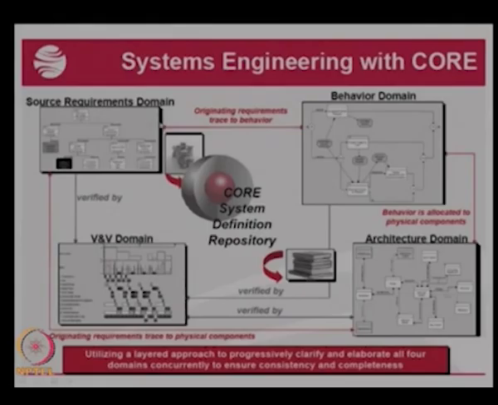Similarly you can have this traceability between the requirements and the behavior and the architecture, and the architecture and the verification and validation requirements. So all these functions will always be using a common database, and using this common database all these will be developed, and any changes in one of these will be automatically reflected into the core database, and the database will be accessed by the other domains like behavior or architecture in order to make the necessary changes.